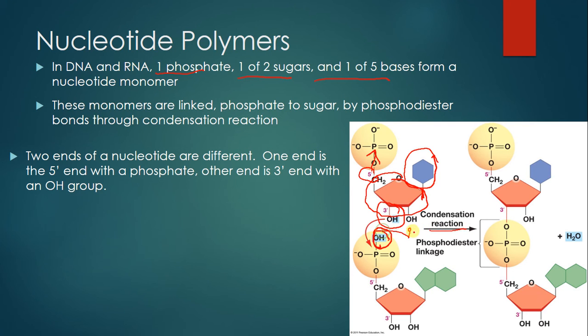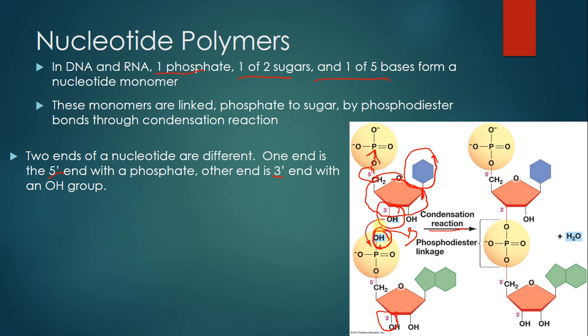Remove the water and bind together. So the 3' end, 3 carbon end, is always bound to the phosphate of the one below it. That's why we say that DNA is 5' to 3': one end is a 3' end, the other end has the phosphate, the 5' end.